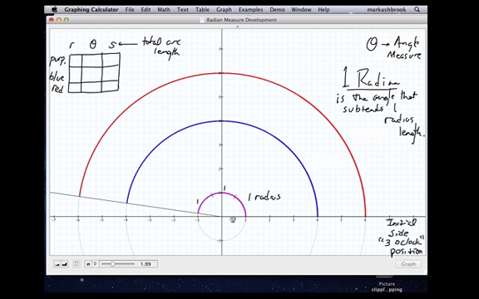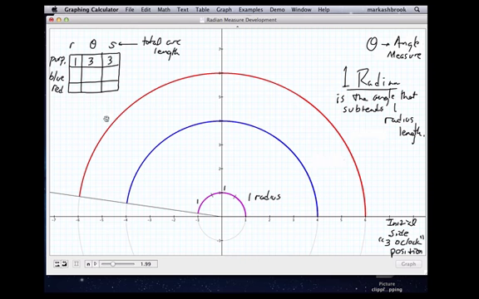Okay, so for the purple, radius 1, angle 3, is it 3? 3 radians, total arc length 3.